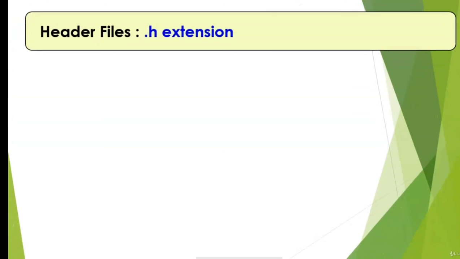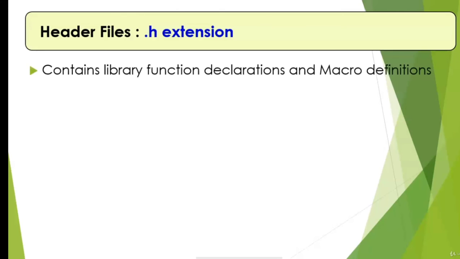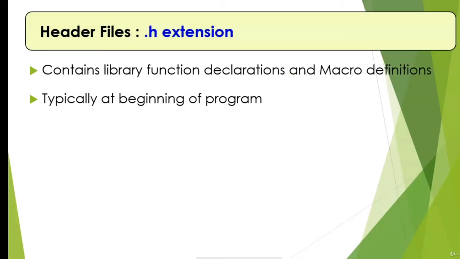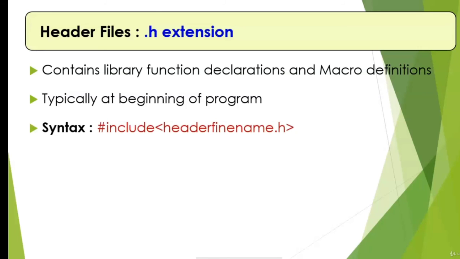Let's discuss some basic details about header files. Header files have the .h extension. These header files contain library function declarations and macro definitions. Header files are typically placed at the beginning of the program. The syntax to include a header file is #include, and in angular brackets we mention the header file name.